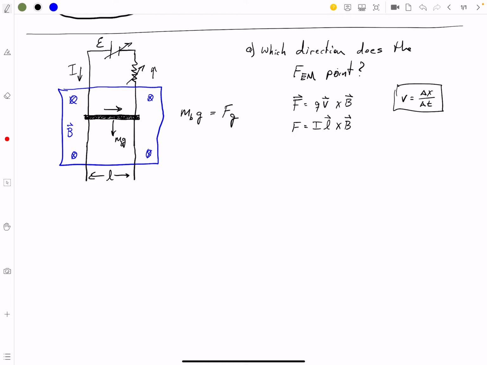So, nice, right? And our current is going that direction. We could call it V, but we can also call it our current. So our current's going in that direction. We've got L, the vector L is going like this. So we would do L cross V. Gosh, did I say V? I meant L cross B. So we go L cross B, and we notice that our force is up.